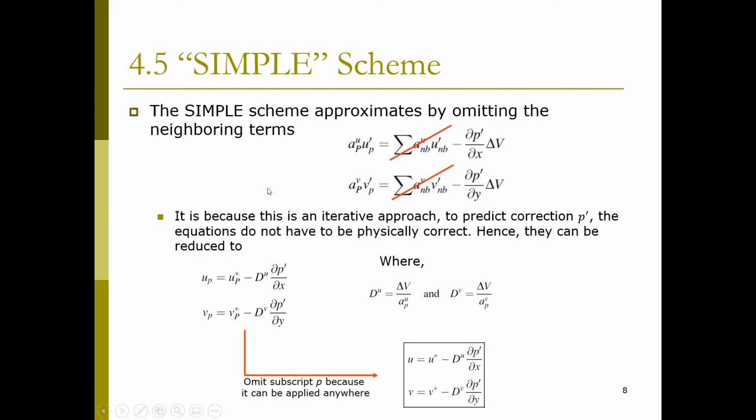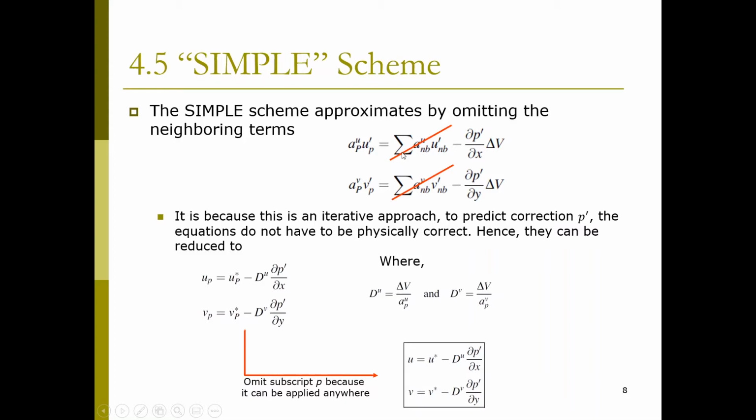Okay, in the SIMPLE scheme, we approximate by just removing the neighboring terms. It is because since it is an iterative approach, we just want to predict the p prime, and that means that the equation doesn't have to be physically correct.